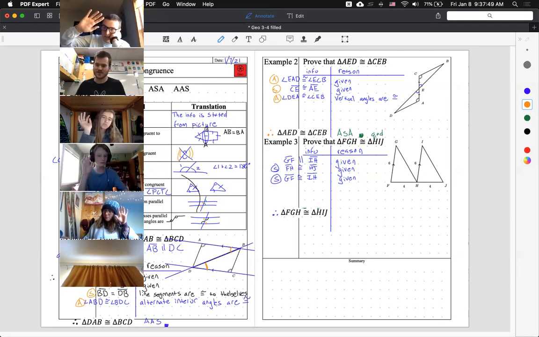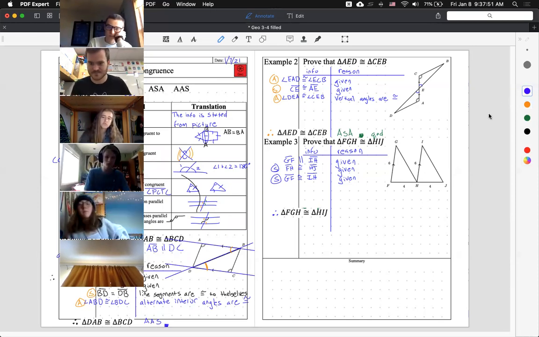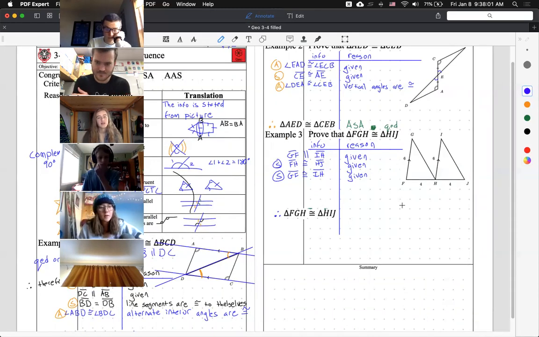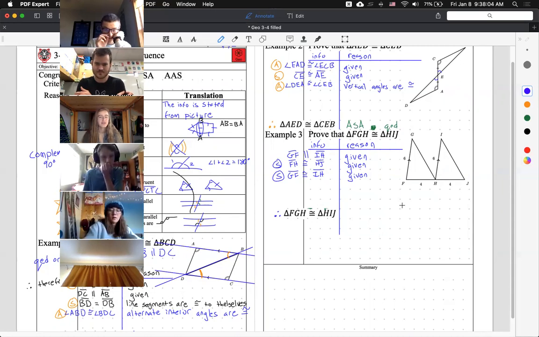All right, Ashley, go for it. I think it's corresponding angles. Corresponding angles on parallel lines are congruent, because I don't see any alternate interior angles. Okay. I do, but they're not useful. For example, I'm saying you're right.